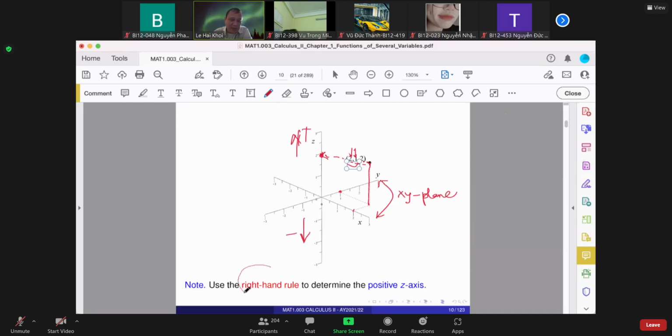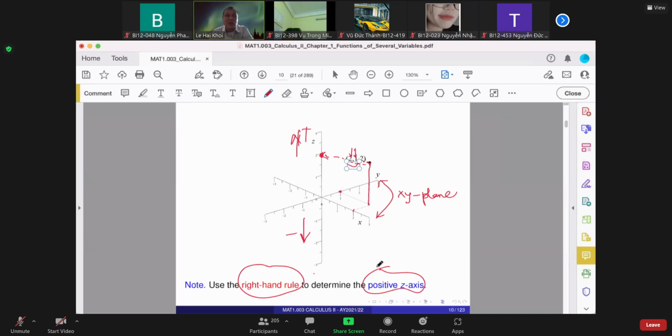How to determine? You use the so-called right-hand rule. The right-hand rule in physics is related to the force you want to determine. But the right-hand rule in mathematics is to determine the positive direction of, for example, the z-axis.